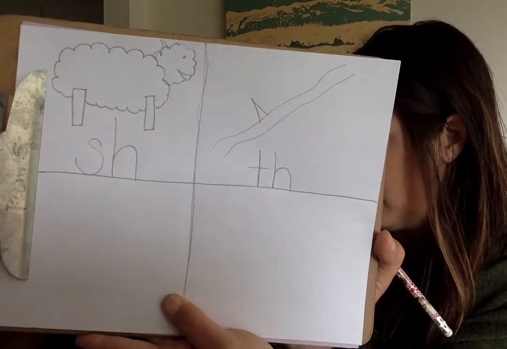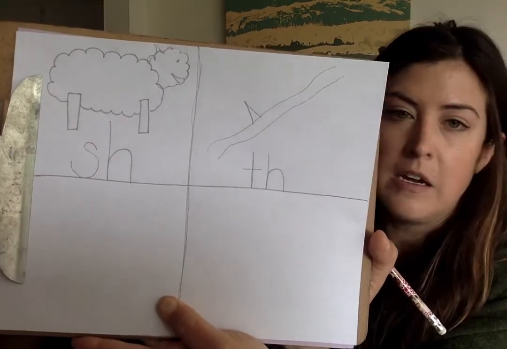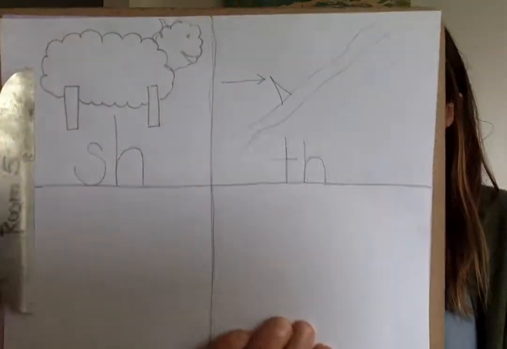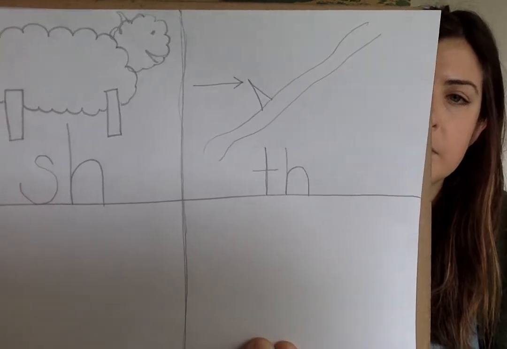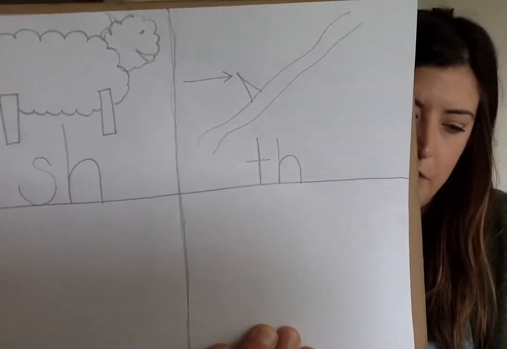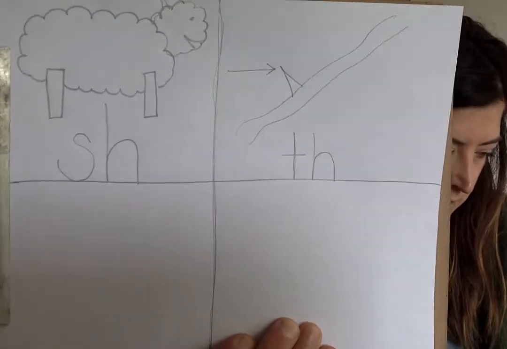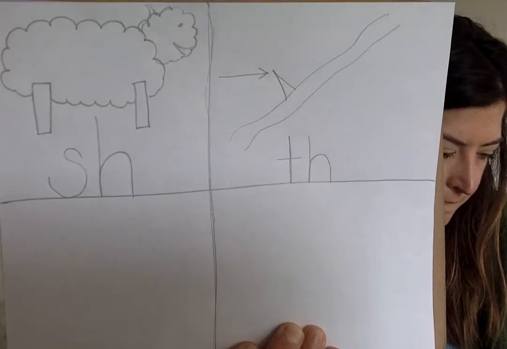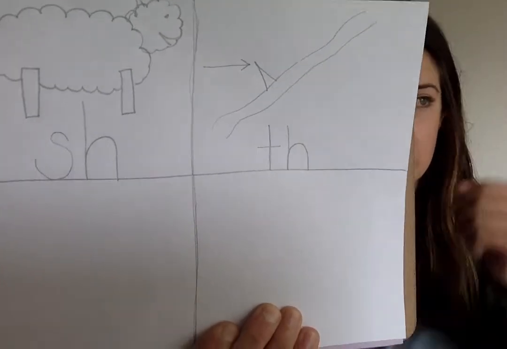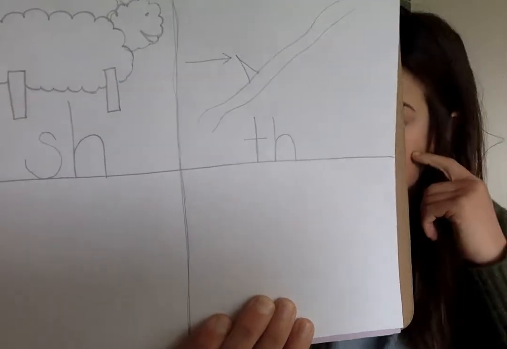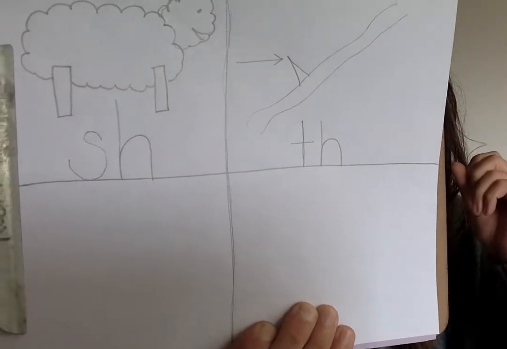Ouch, that would hurt. And I think I'll add a little arrow so that I remember what we're talking about. If you have a different idea for TH, you can do that. The word think, you could draw a person with a speech bubble. Or like I said, you could also do thumb.